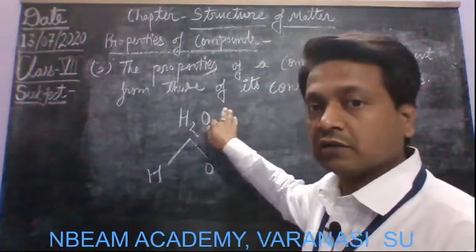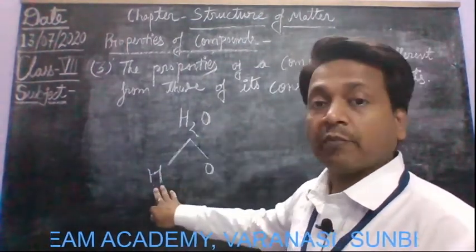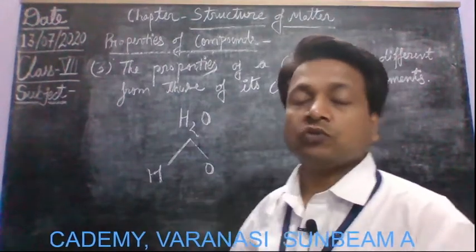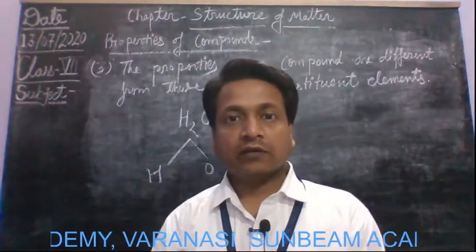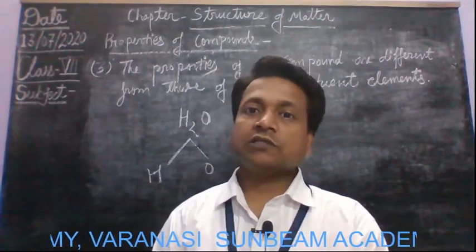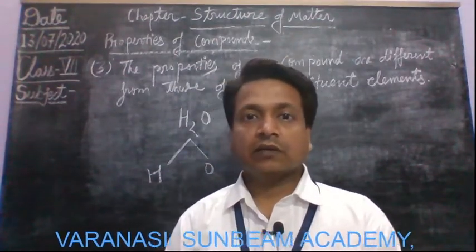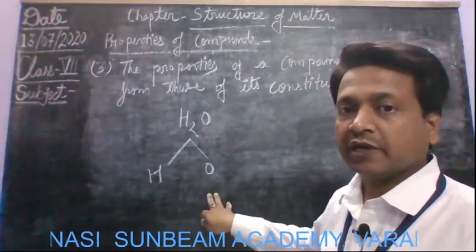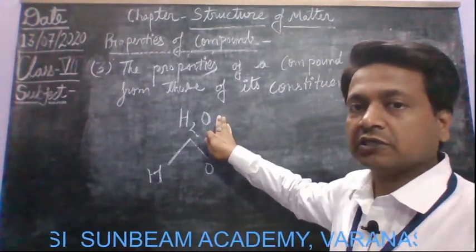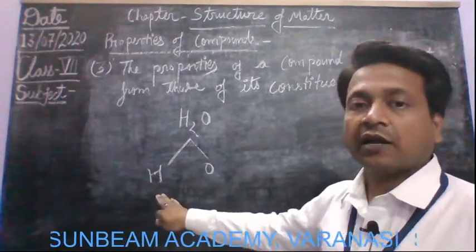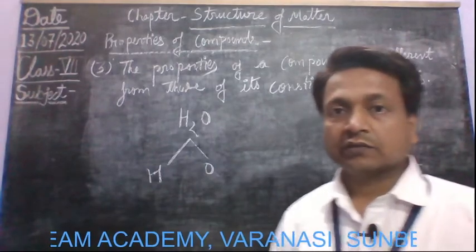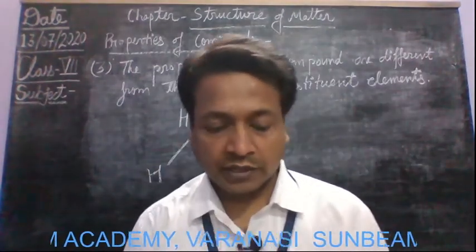Whereas water, which is formed by combining these two different elements, helps to put off the fire. So here the characteristic features change completely. The compound made by these two different elements has different features, and these elements also have different features from the compound. So this is the third property of compound.